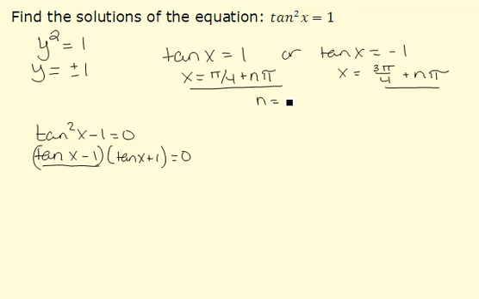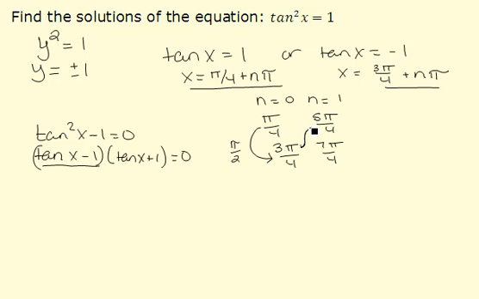So for when n is 0, I get pi over 4 and 3 pi over 4. When n is equal to 1, I get 5 pi over 4. And over here, when n is equal to 1, I get 7 pi over 4. If I think about what is happening between consecutive solutions, going from pi over 4 to 3 pi over 4, I really added pi over 2 units, or half that period.